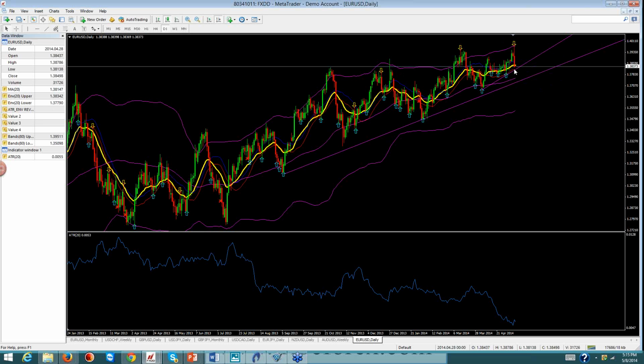So where's price going to go from here? Honestly, we don't know. We think that we can get a sell and a retracement here. And if I were to do that, consider that there will be a retracement from this double low that we had here.